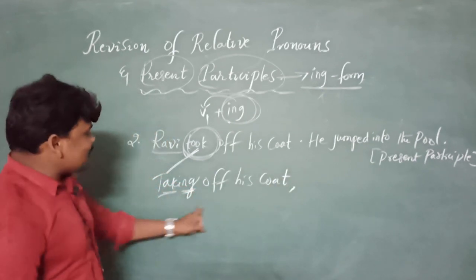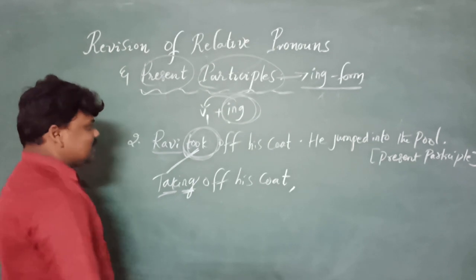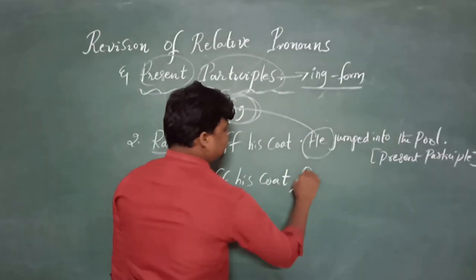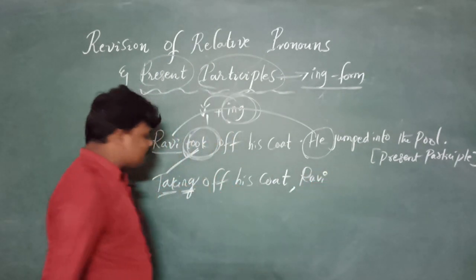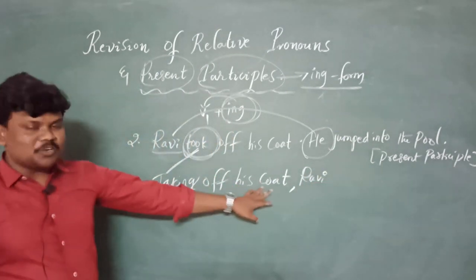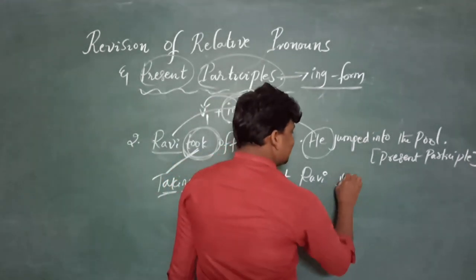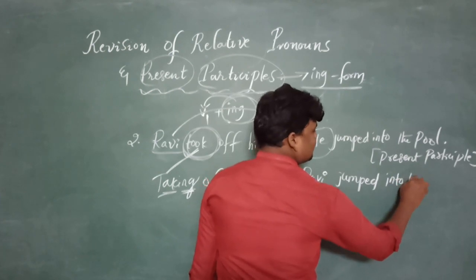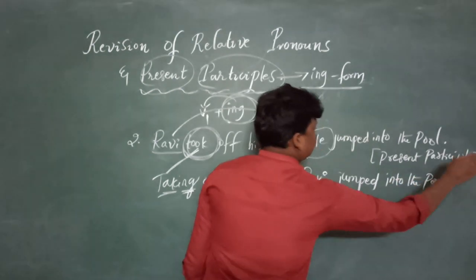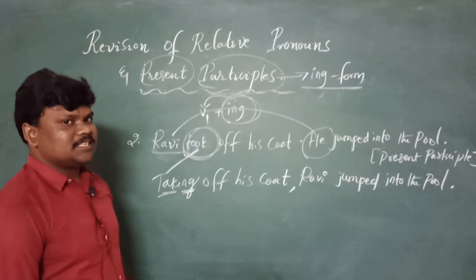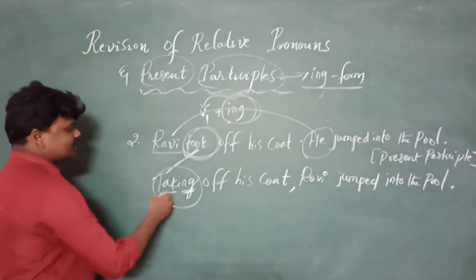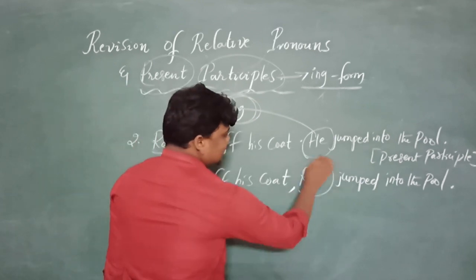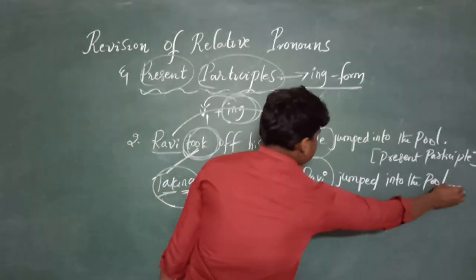Replace this pronoun with the naming word, Ravi. Taking off his coat, comma, Ravi jumped into the pool. So this is the right answer. A comma is compulsory, and if it is a name, capital letter, then the last full stop.